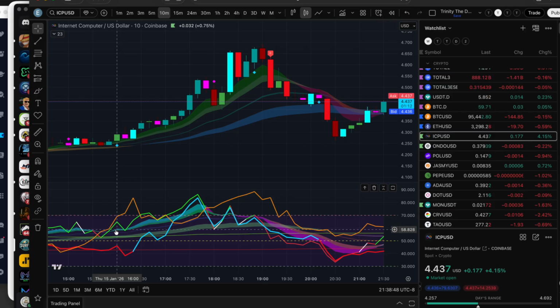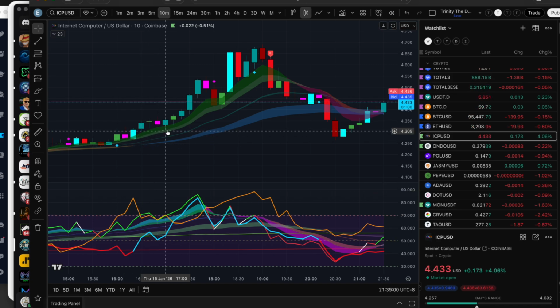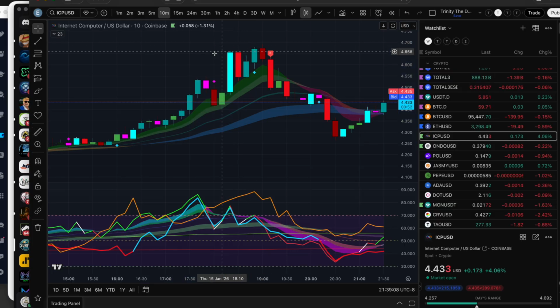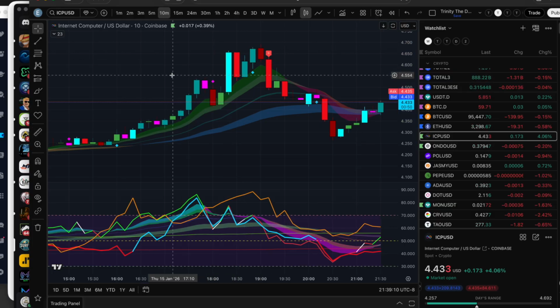I would have delayed buying into that until I'd seen a confirmation. At this point here, where it breaks the higher time frame RSI, would have been probably a good entry, and then you could have taken this trade, and that would have been like an 8% gain on ICP on the 10-minute time frame.